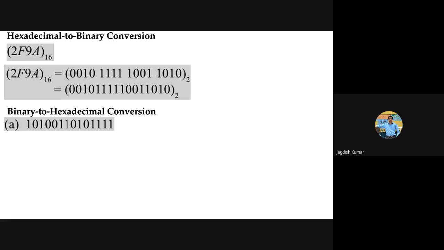Yes, I hope you are able to see the screen. The question is clear. Binary to hexadecimal conversion. The number is coming on your screen.